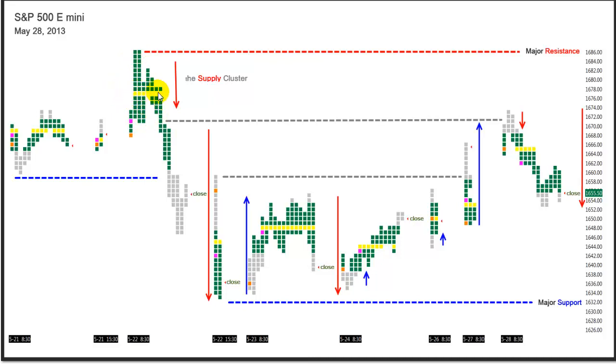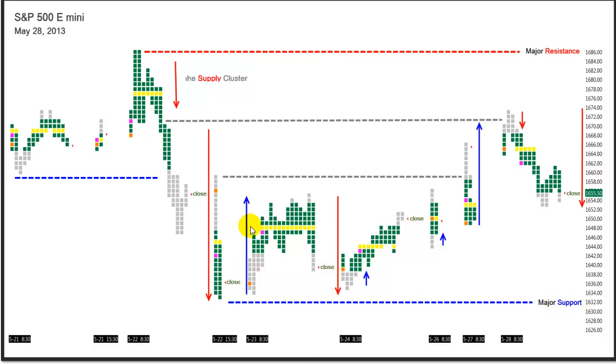So the market spent the better part of 3 hours at the high, and then late in the day sold through the two-day trading range, and then sold all the way down to the 3-day low before auctioning up off the low and trading back to 1658. As the arrows clearly indicate, overnight the selling pressure increased, and the market traded down to what had been the prior major support level at 1632.